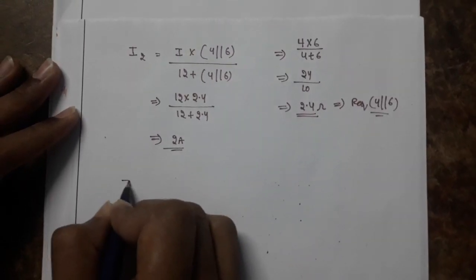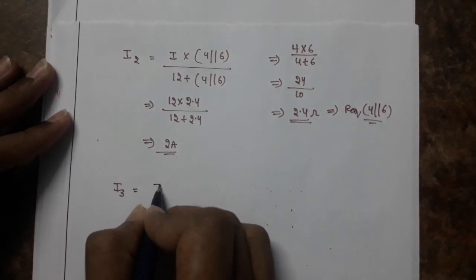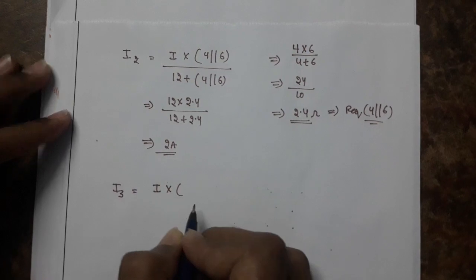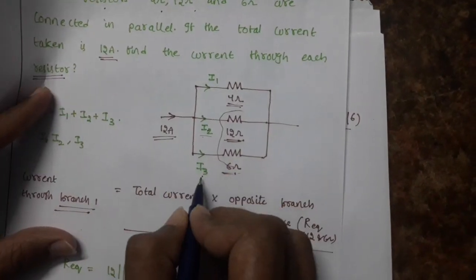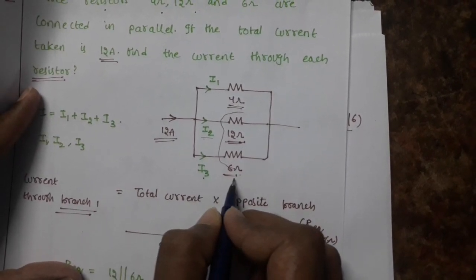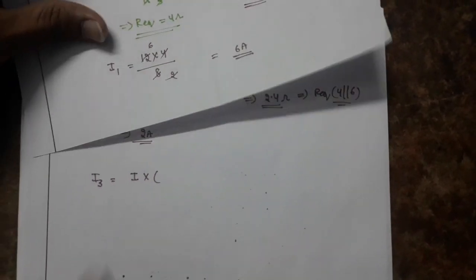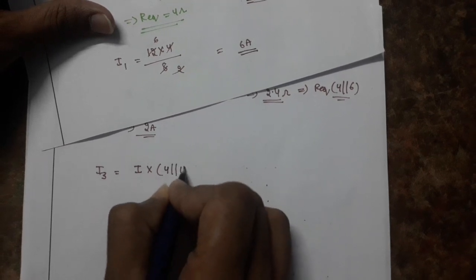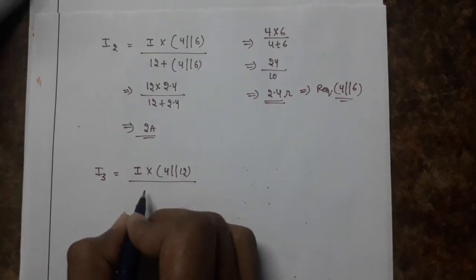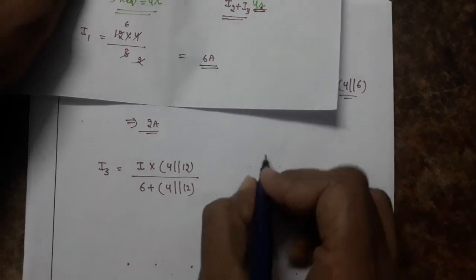For finding I3, by the current division rule, I3 equals total current I into the opposite branch resistance. As I am finding the current through the 6 ohm resistor, we have to take R equivalent of 4 and 12 in parallel, divided by 6 ohms plus R equivalent of 4 and 12 in parallel.